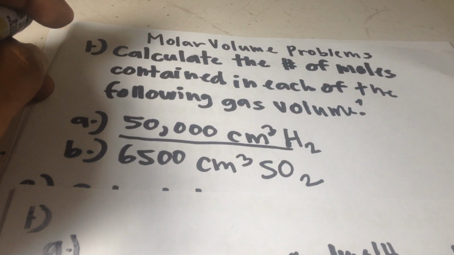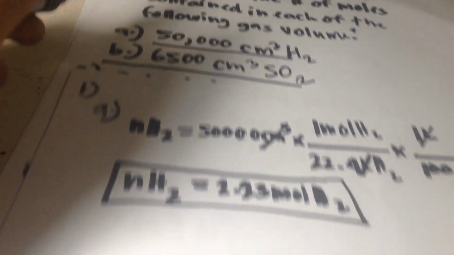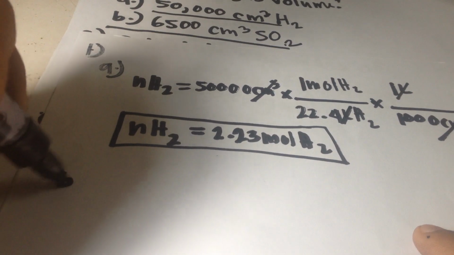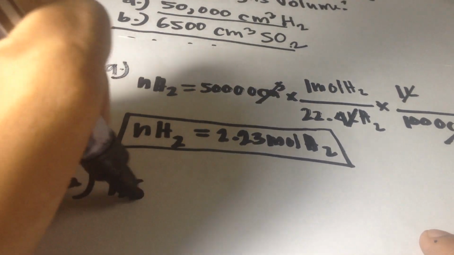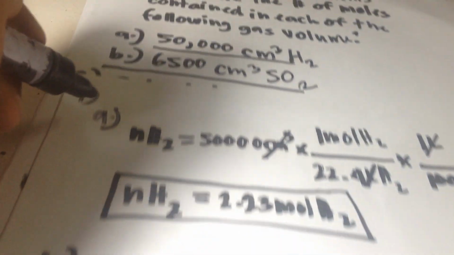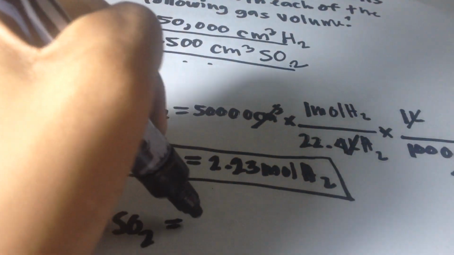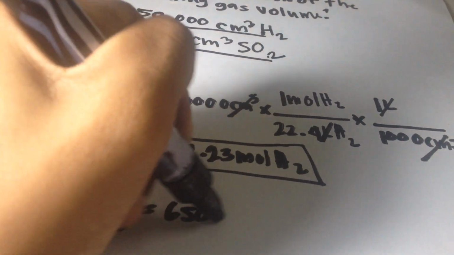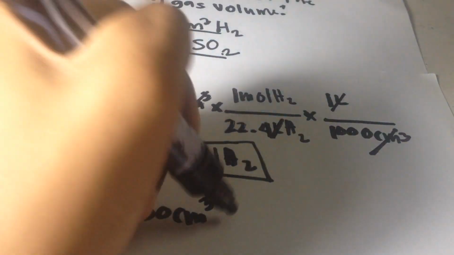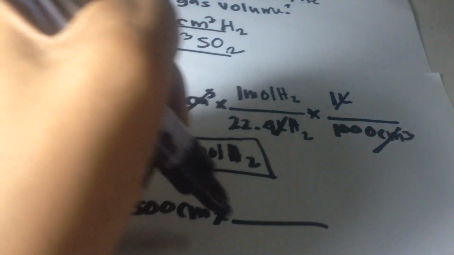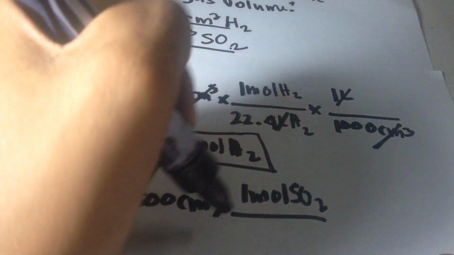We have 6,500 cubic centimeter of sulfur dioxide. So in letter B, we have N of SO2. We have 6,500 cubic centimeter times 1 mole of SO2, sulfur dioxide, divided by 22.4 liters of sulfur dioxide.